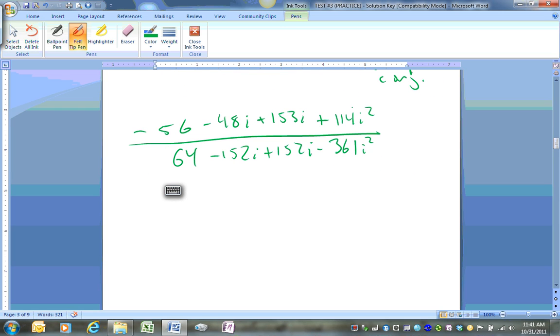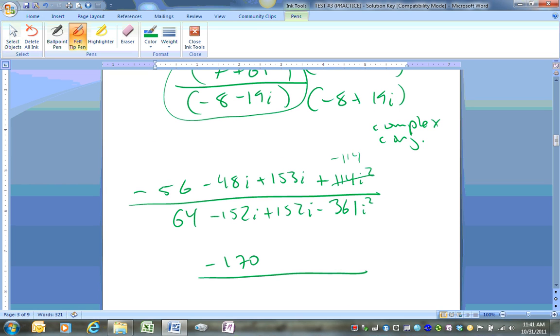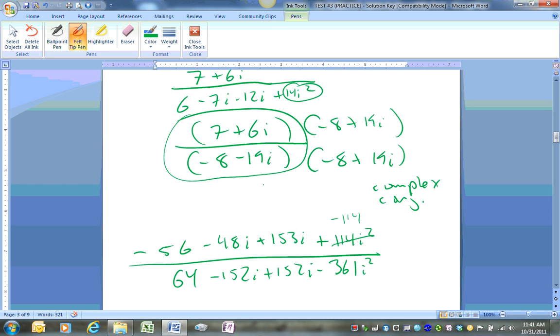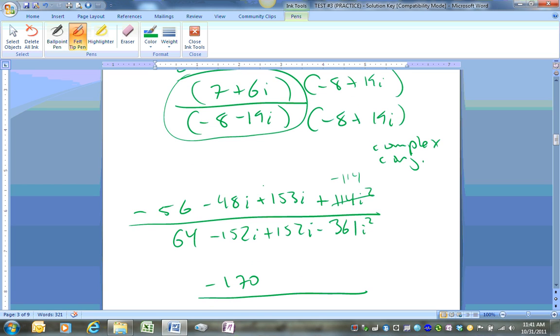Clean it up. That becomes negative 114. So I get myself minus 170. And up top, I should get, let's see here, make sure I did this right. Well, that's 133.